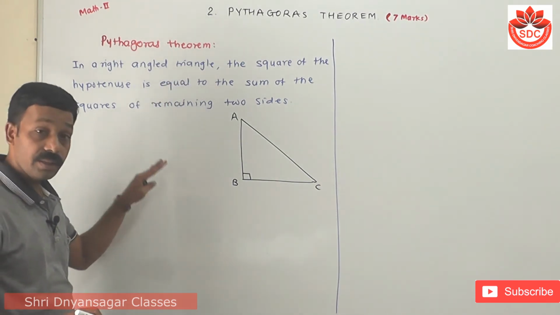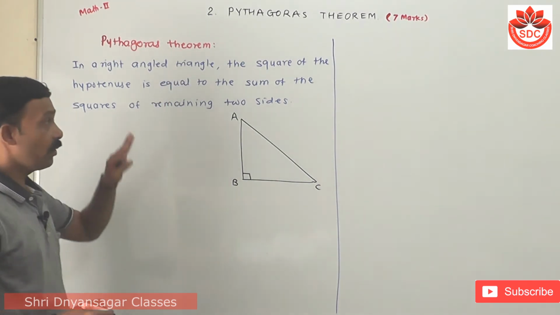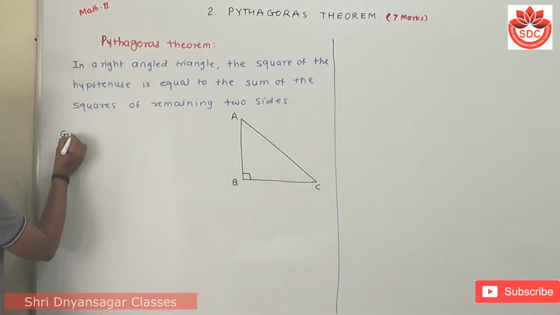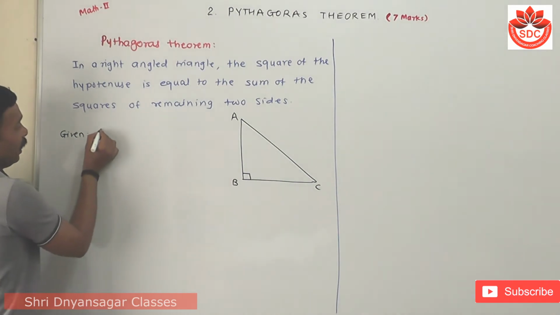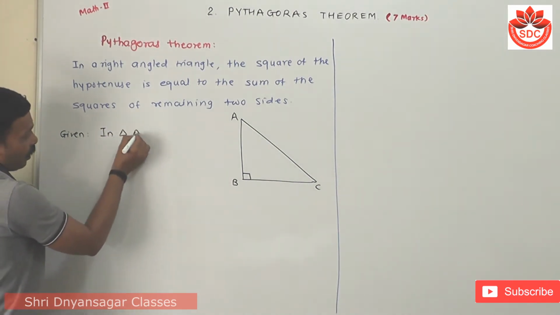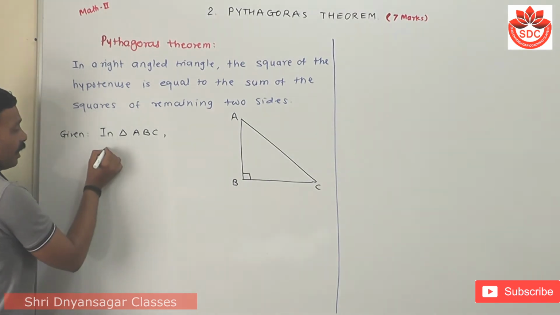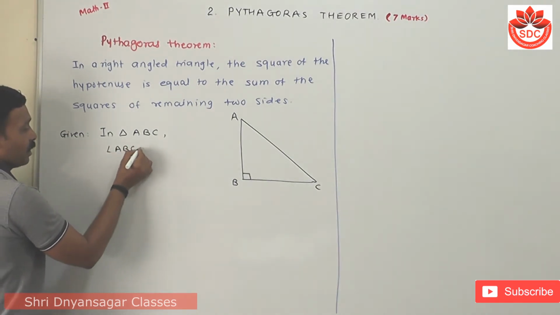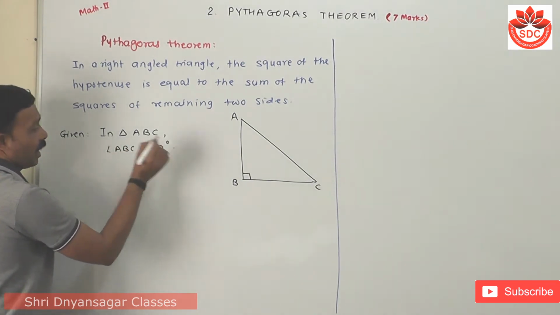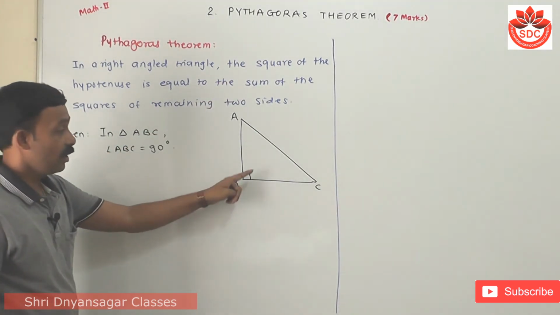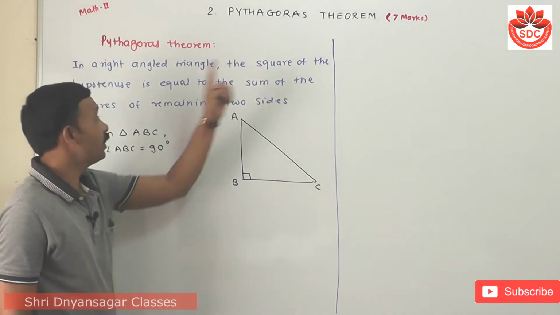First statement is our given, so I have to write this statement in this form: given. In triangle ABC, angle B is a right angle, so I have to write here angle ABC is equal to 90 degrees. Then this statement is what we have to prove, the square of the hypotenuse.